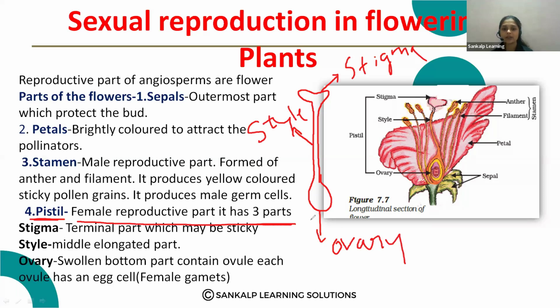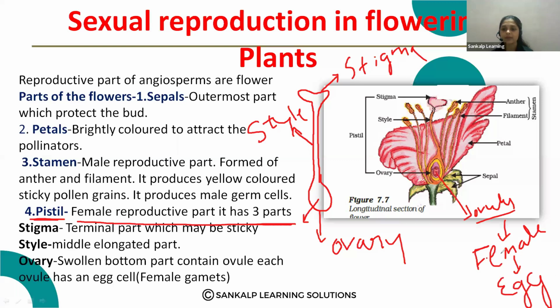So the swollen part of this structure is called the ovary. And inside the ovary you can find the ovules, and these ovules contain the female gamete, that is the egg. Okay. So that is called the female gamete, the egg.